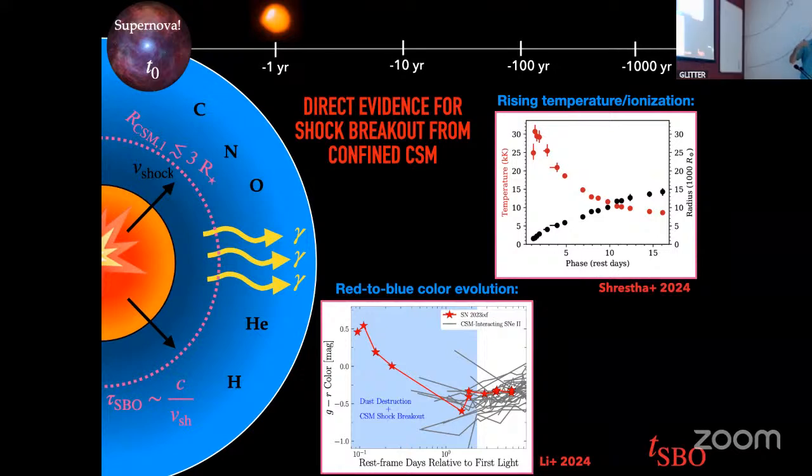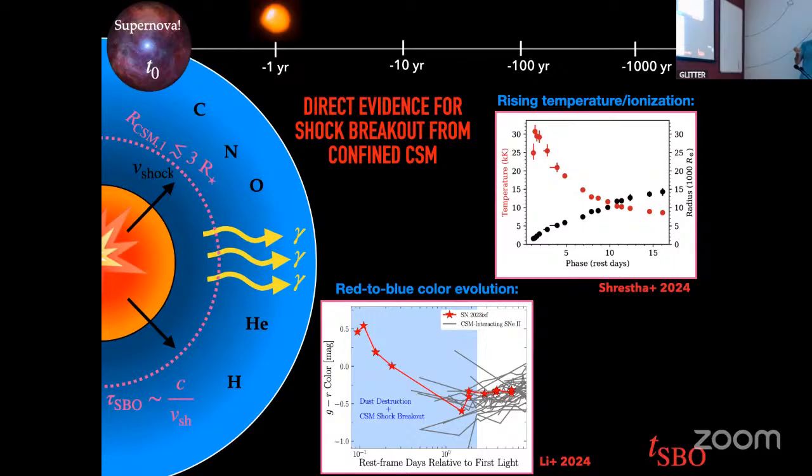As the breakout emission, the first photons emerging from the stellar surface, then don't see nothing. They see more stuff, which is the CSM, and they have to break out of that. That causes this transition from red to blue. And so we're seeing this constraint on the size of the CSM in the most local red supergiants.